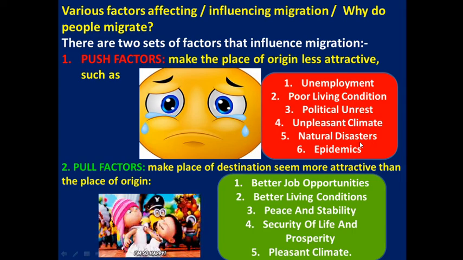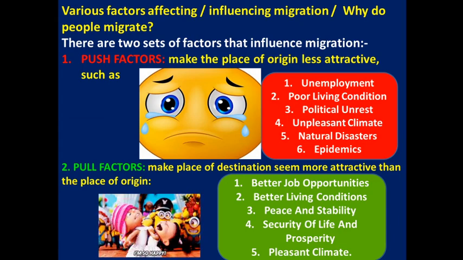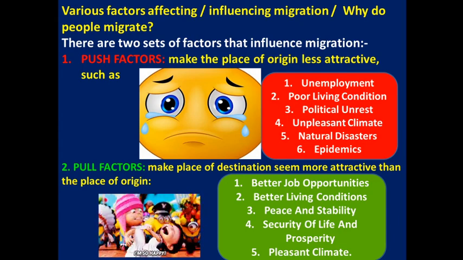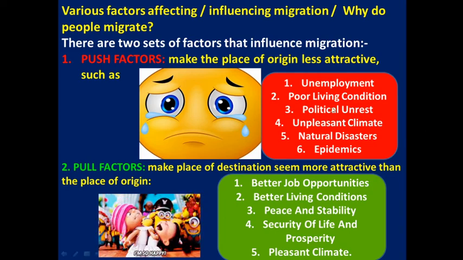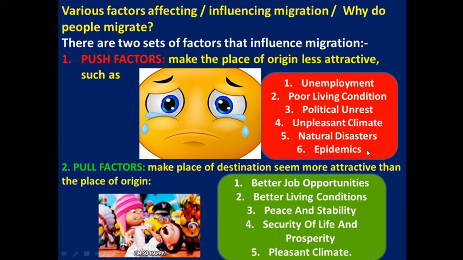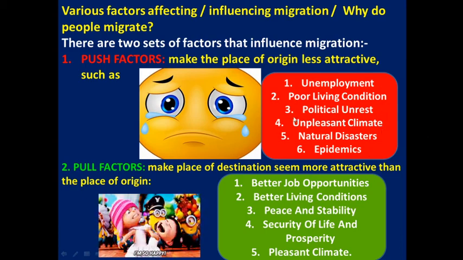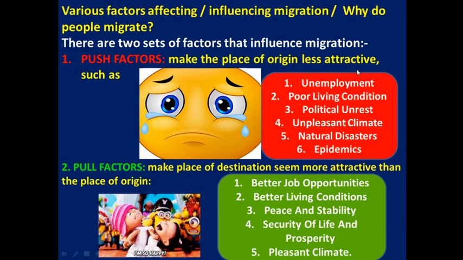If such natural disasters occur in a certain place, people will move away and go to other, safer places. It may be because of epidemics. So these are some of the push factors which make the place of origin less attractive.